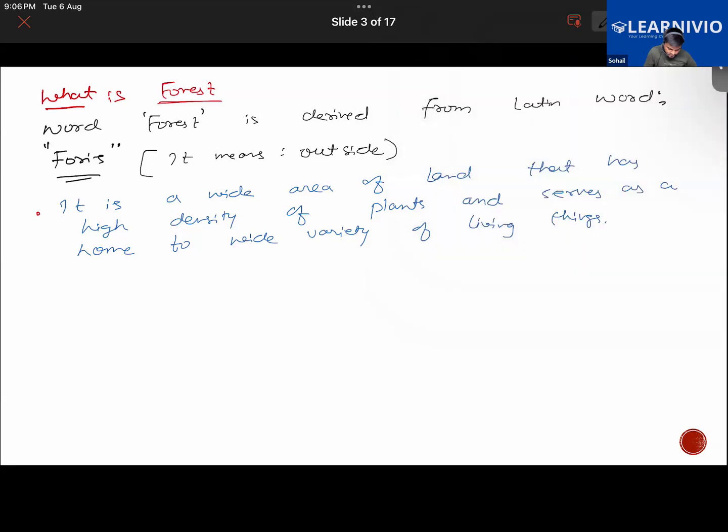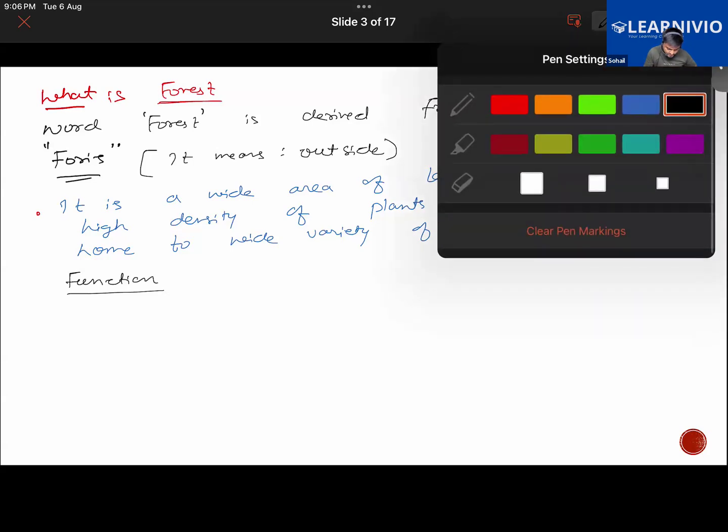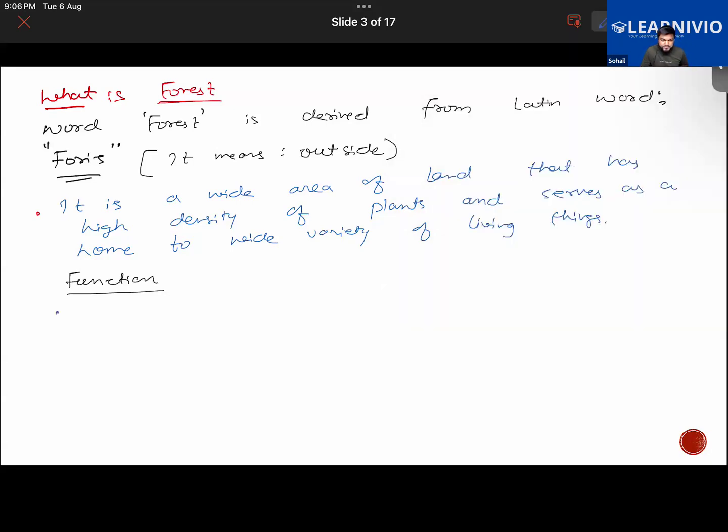Talking about the function of the forest, what function does it perform? The functions of forest are as follows. It plays a very fundamental role in maintaining the health of the planet, as it harbors a great diversity of different kinds of plants, right?